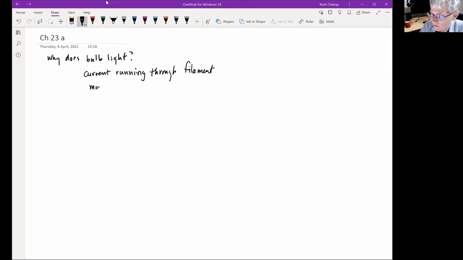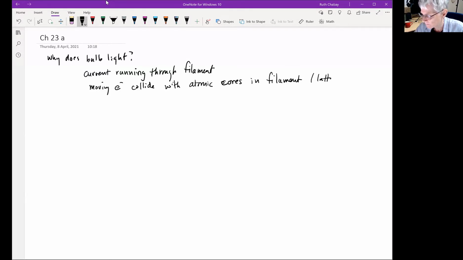So moving electrons collide with the atomic cores in the filament, and in the lattice. And the lattice gets hot, the metal gets hot.